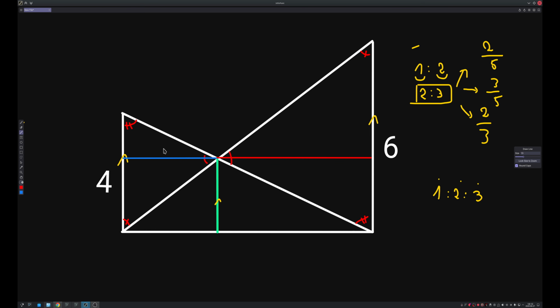That means that if I write in terms of ratio, so I'm not writing length, I'm writing weight in the ratio, this has a weight of 2, and this has a weight of 3. That means that if this measures 2 inch, this one would be 3 inch. If it's 4 inch, this one would be 6 inch. That's all it says.